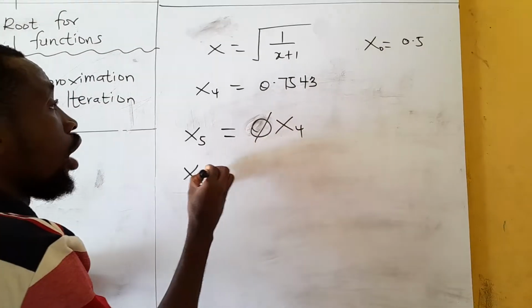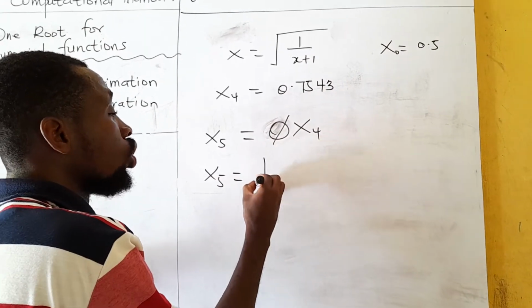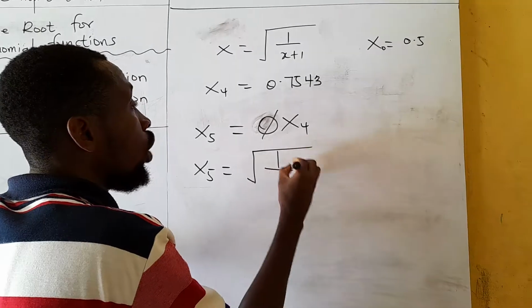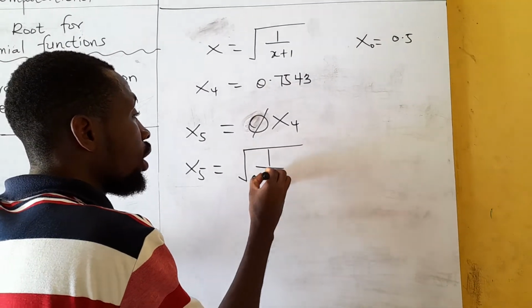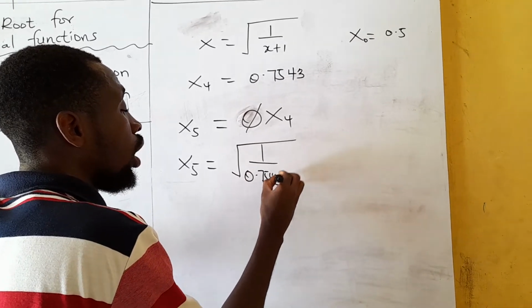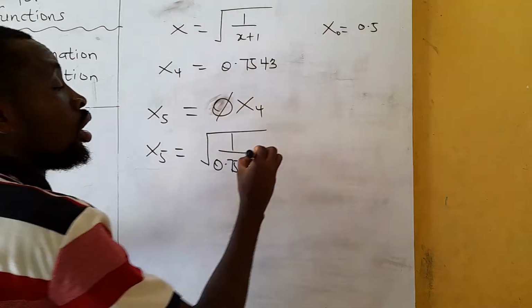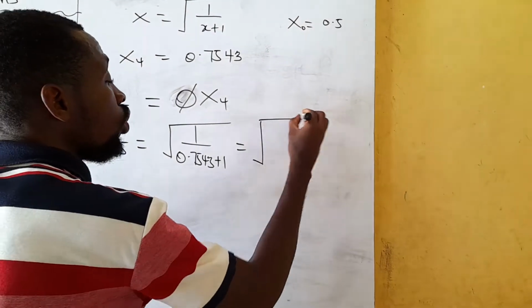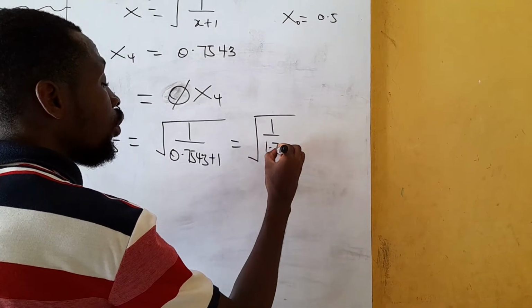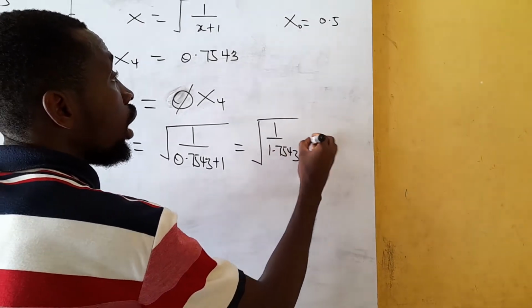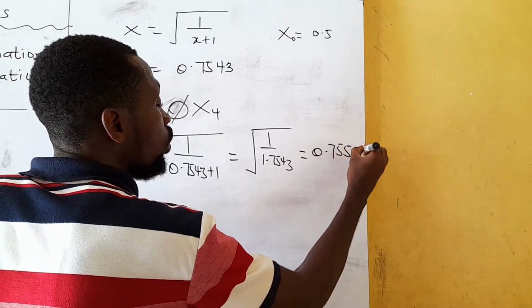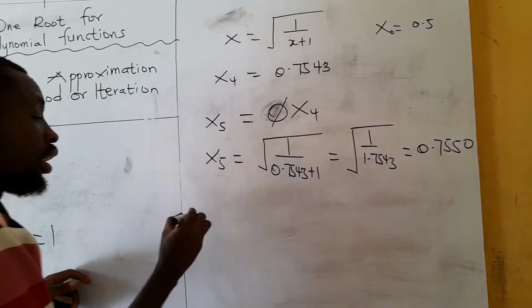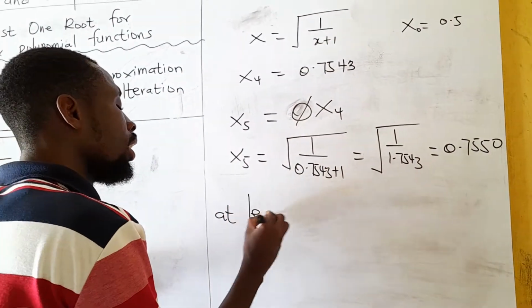So our x5 will be equal to the square root of 1 over, remember x4 is 0.7543, so 0.7543 plus 1. This will be equal to the square root of 1 over 1.7543, and that will give us 0.7550.